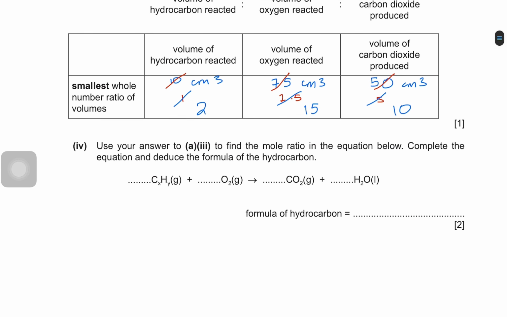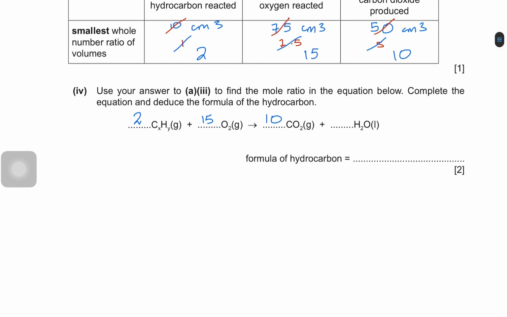Use your answer to A3 to find the mole ratio in the equation below. Complete the equation and deduce the formula of the hydrocarbon. So when 2 hydrocarbons react with 15 oxygen, you get 10 carbon dioxides. You don't know how much water there was. Now it is really important to do some arithmetic over here. You can see that 10 carbon dioxide involve 10 carbon atoms.